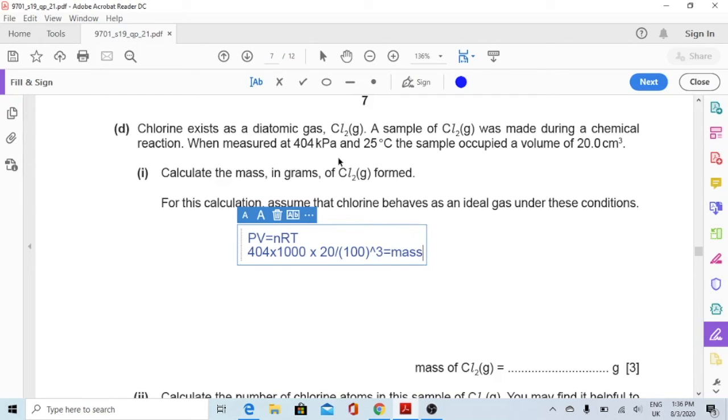So mass we don't know, divided by molar mass of chlorine gas. Chlorine gas exists as a diatomic gas, means the molar mass of chlorine will be multiplied by 2 to get the RFM. So 2 into 35.5.